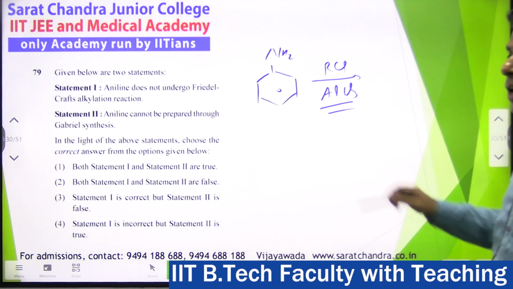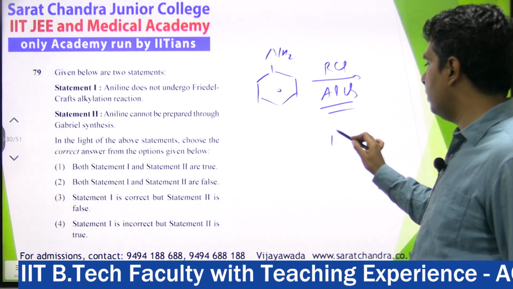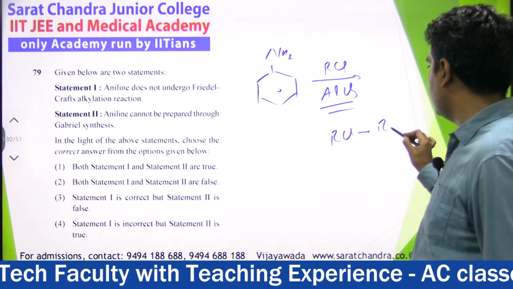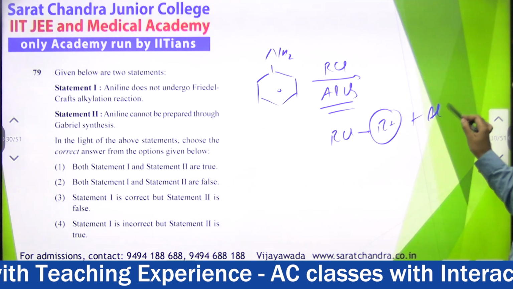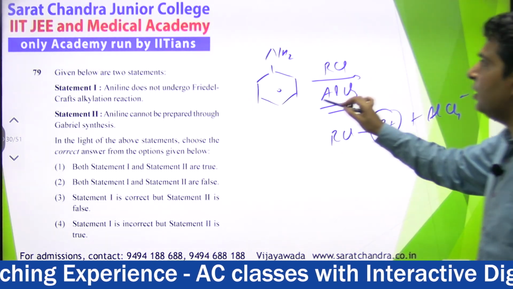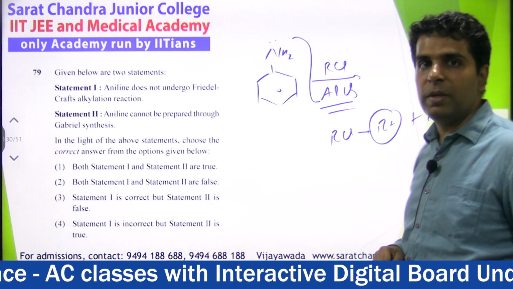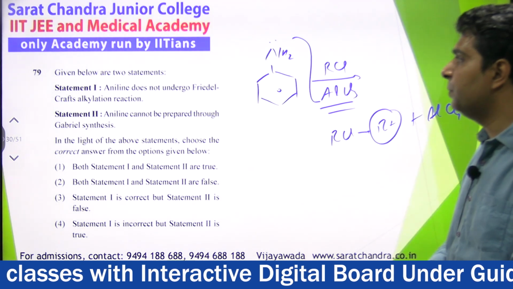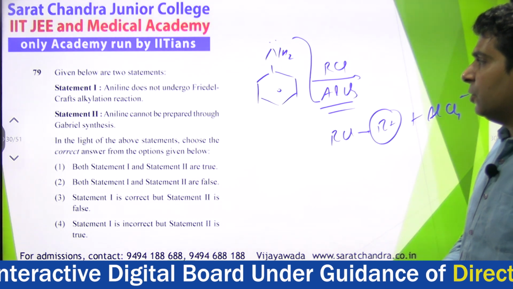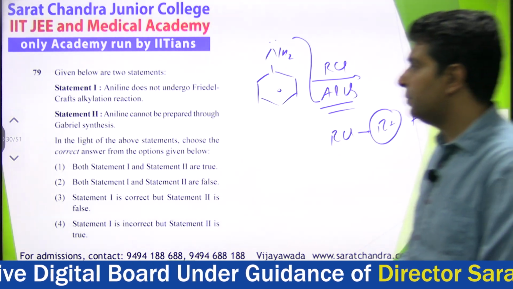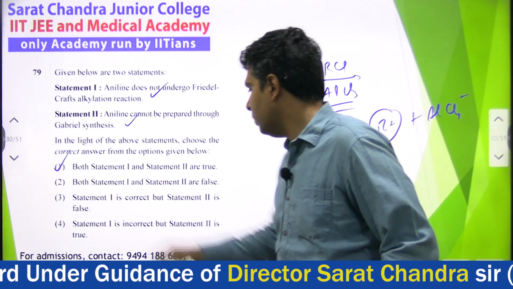Instead of alkyl chloride reacting to form the electrophile, that is the carbocation plus AlCl4 minus, this AlCl3 will attack the lone pair of aniline and the electrophile will not be generated. Also, aniline cannot be prepared through Gabriel synthesis. So this statement is also correct. So both statement 1 and 2 are correct.